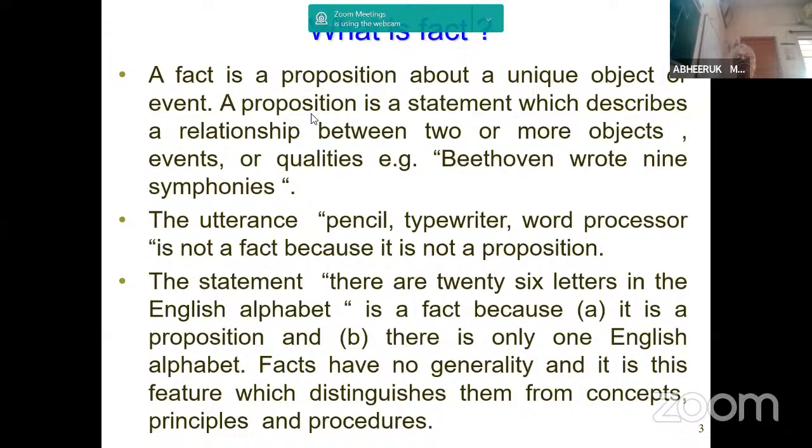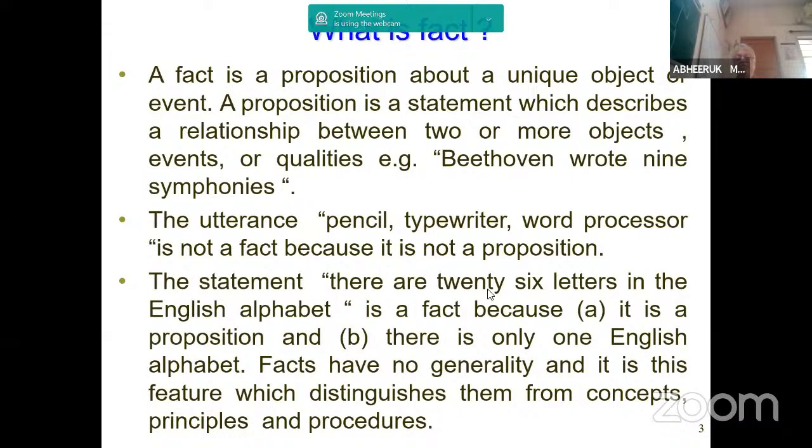So a fact is a proposition. If you tell any single word, that is not a fact. The utterance of pencil, typewriter, word processor, or anything, this is not a proposition, it will be a statement. Another example: there are 26 letters in the English alphabet. This is a fact. Why?